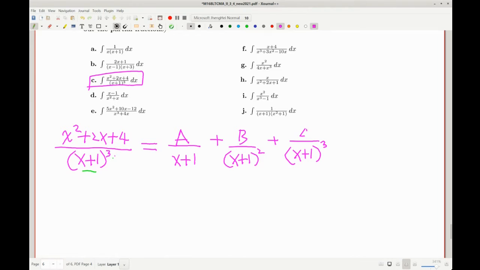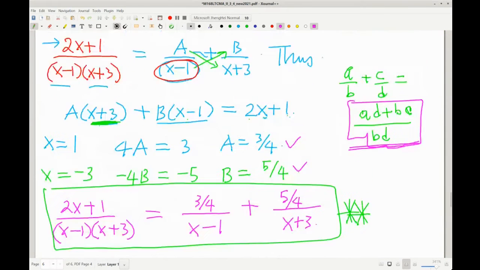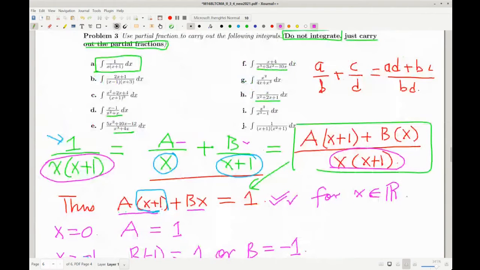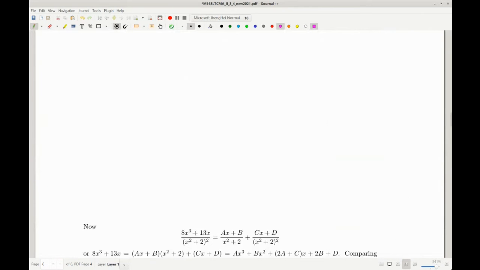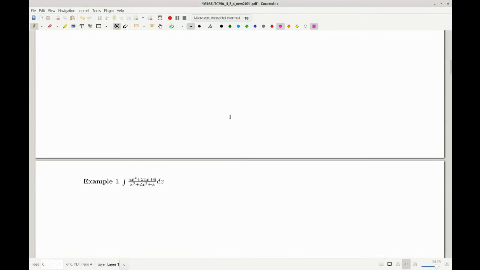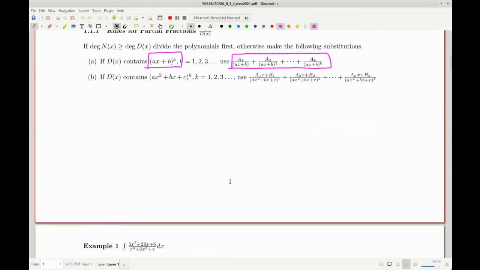So that's the prescription. Remember when we did the theory, if I could scroll all the way to the top of my page, we said if a linear factor appears with multiplicity k, this must be included inside the partial fractions.